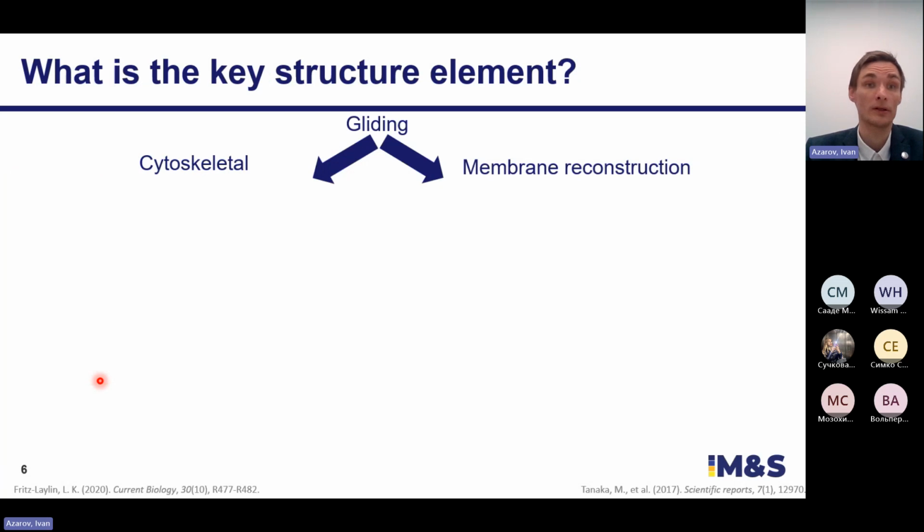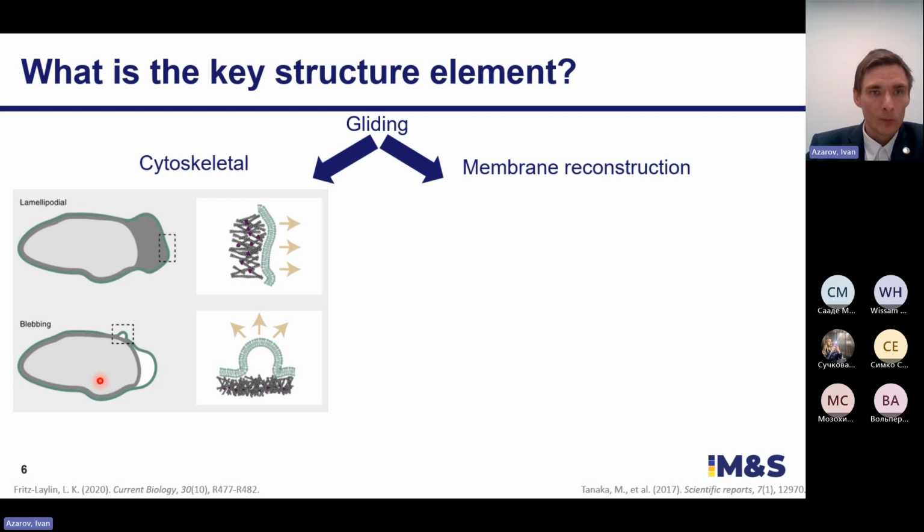What is the key structural element of such motion, I mean gliding along elongated structures? We know about the cytoskeletal component.